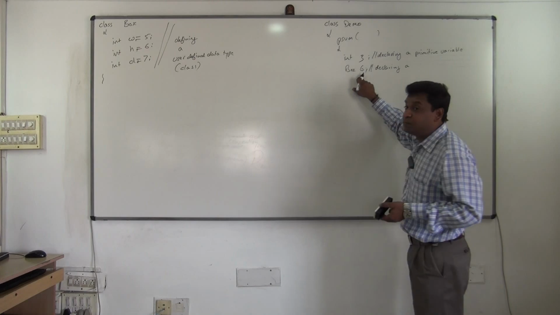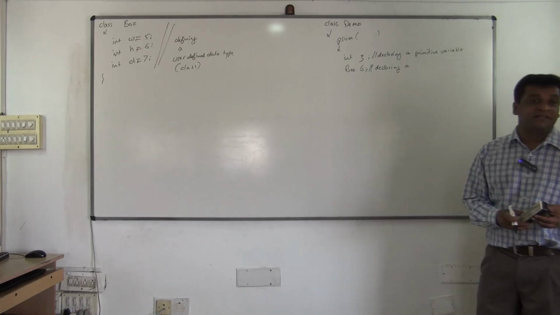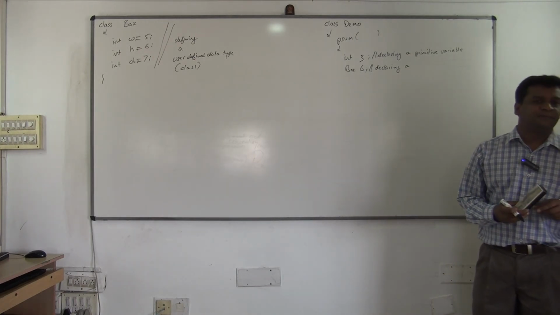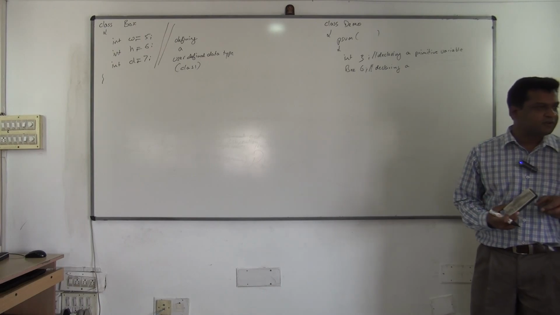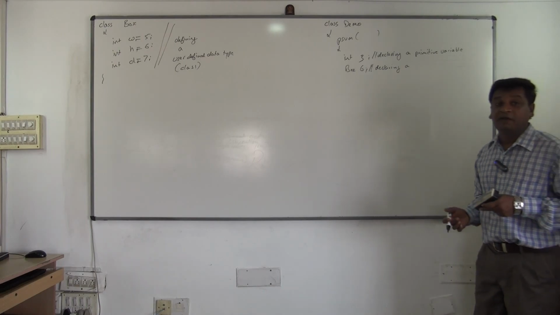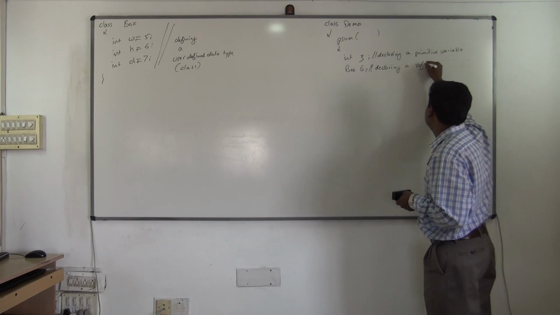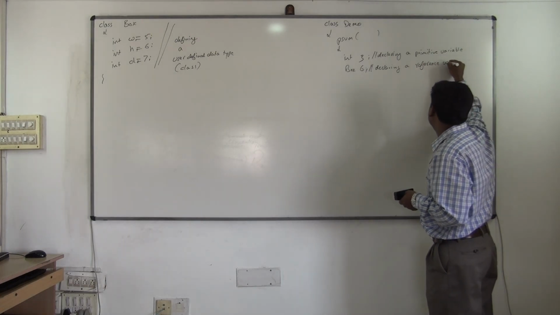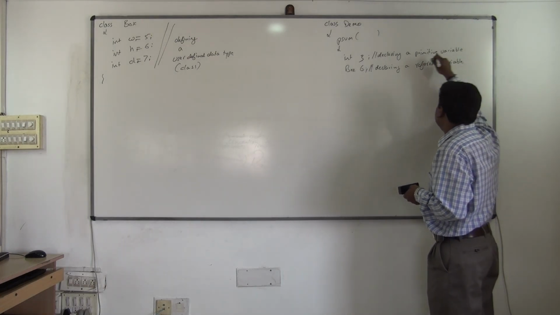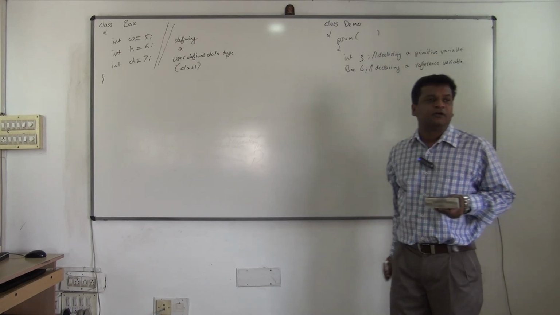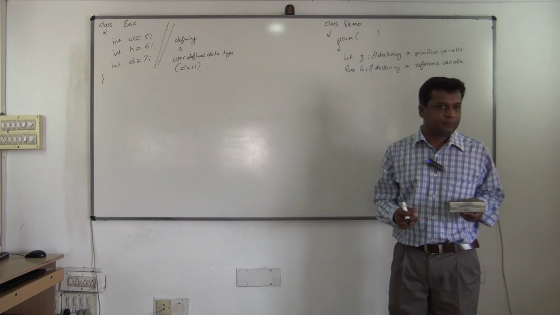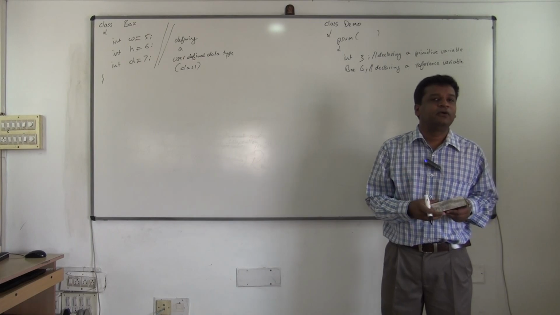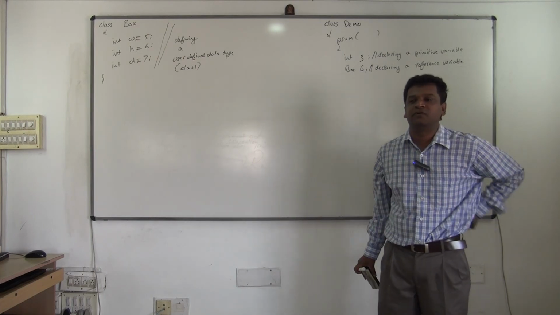But these are not called primitive variables. These are called reference variables in Java. A new terminology starts now: declaring a reference variable. So primitive variables hold what value, do you know? Primitive values. What are the different primitive values?